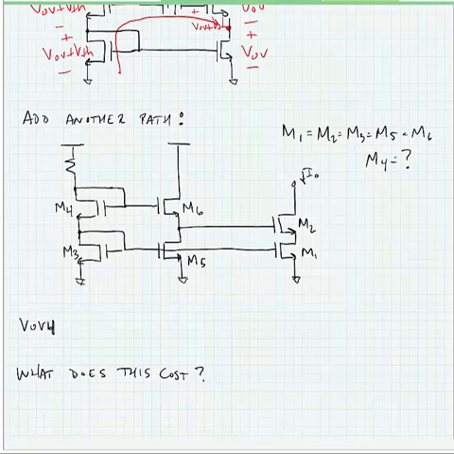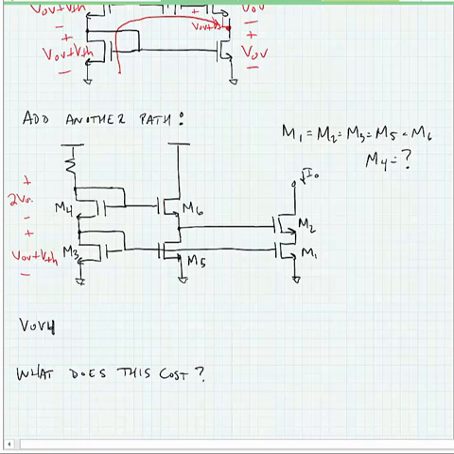So if we look at the same analysis, what we want is a VOV plus a VTH across M3. We want 2 VOV plus VTH across M4, a VOV plus a VTH across M6, and finally we'll get one more VOV plus VTH across M2.